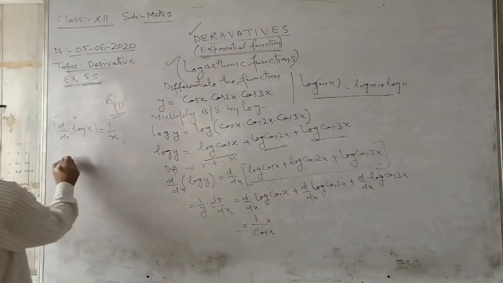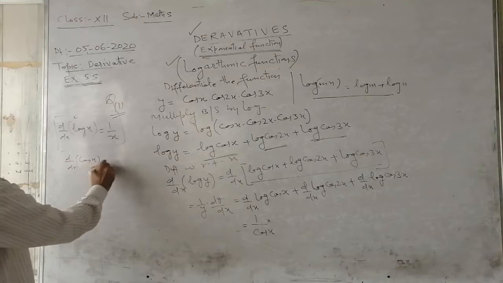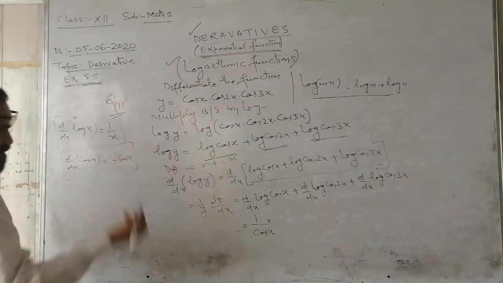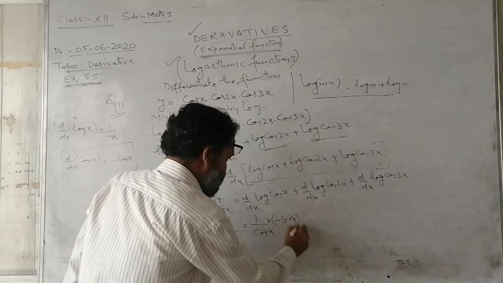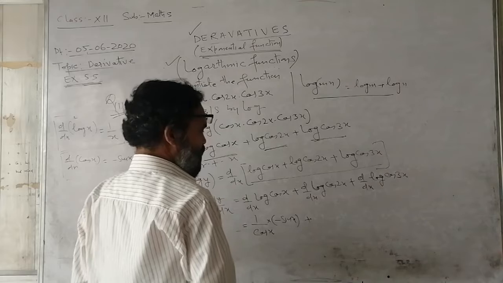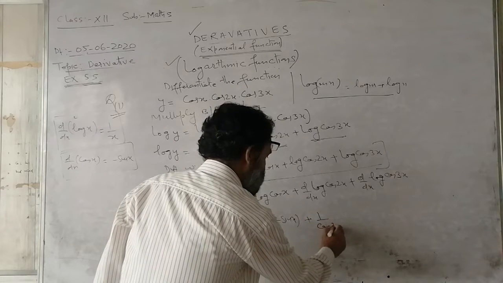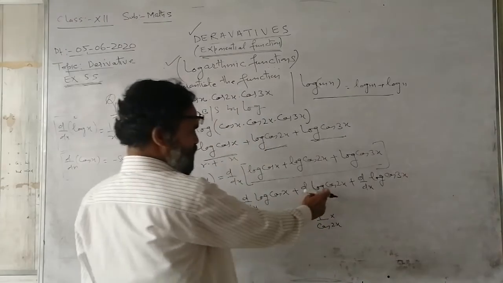So d upon dx of cos x is minus sin x. So this is known to you, minus sin x, then plus log cos of 2x, its derivative will be 1 upon cos 2x into derivative of cos 2x.